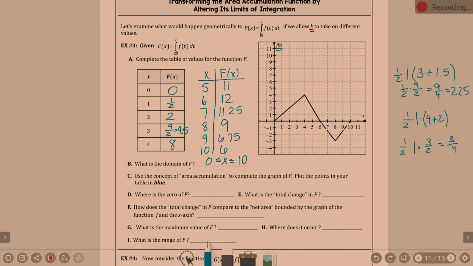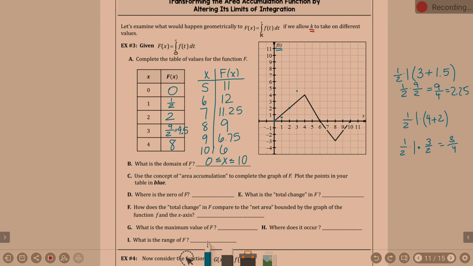So, I got you. 0, 0. You got one. 1, comma half. 2, comma 2. 3, comma 4 and a half.